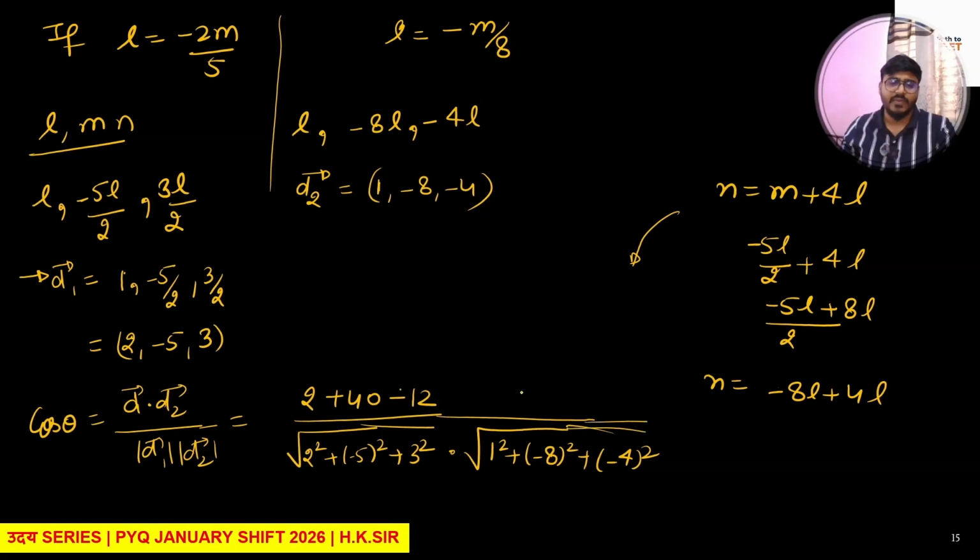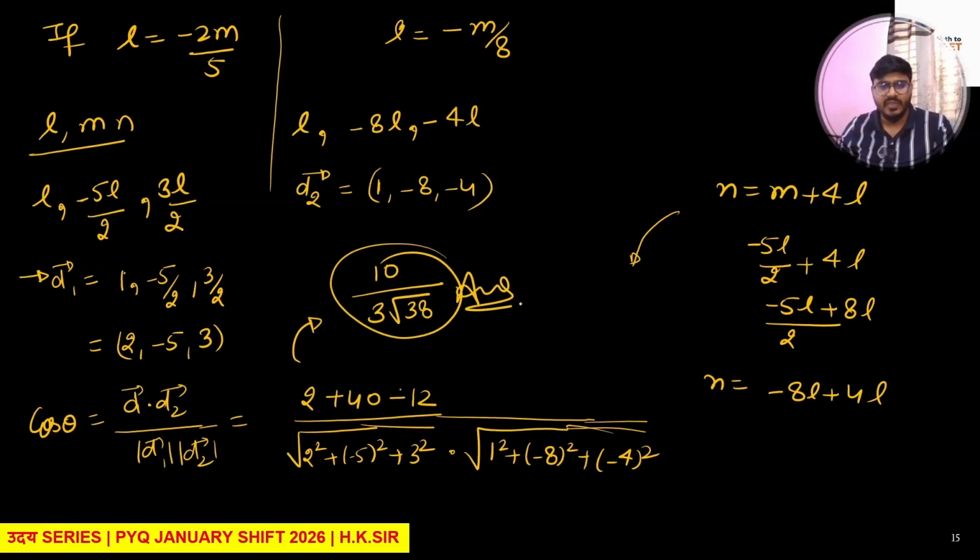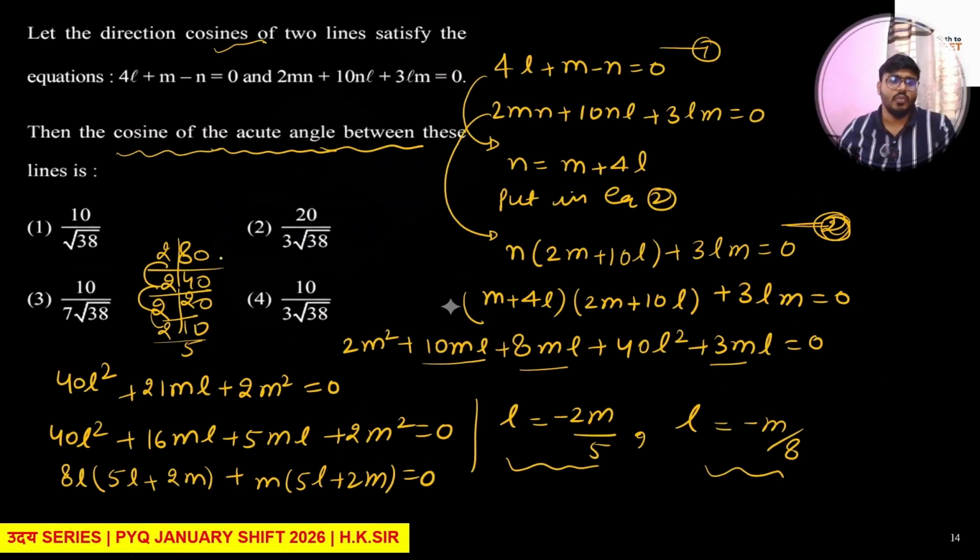After calculating this you will get 10 upon 3 root 38. So the fourth option is our answer.